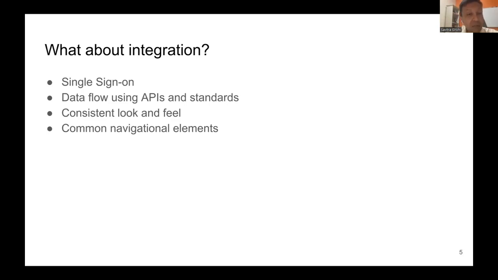The same type of button, the same colors, the same user experience style, we would make them look the same, right? And then navigation also. So you have the same header, same footer, even though they are different applications, as long as you're able to navigate between the applications smoothly, it will act like an integrated system.